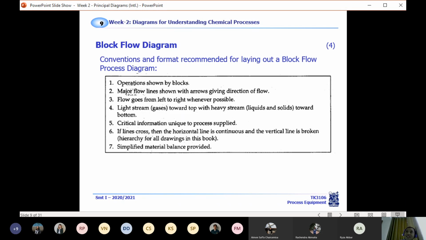Although the meaning is the same, with the block separation, you can argue that the important thing is the separation, so gas and liquid are separated. Sure, that is the important idea, but again, there is an agreement that the gas will go to the top and the liquid or solid will go to the bottom. This is the agreement.